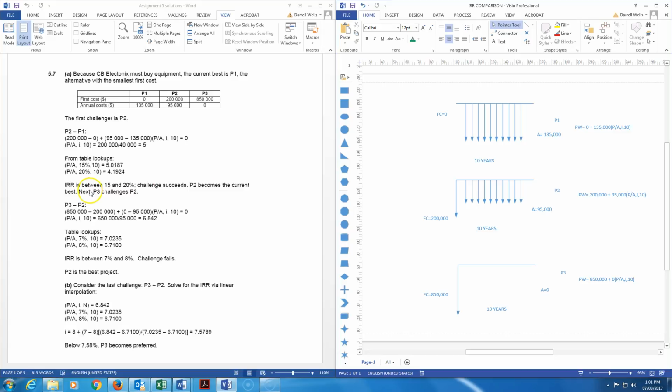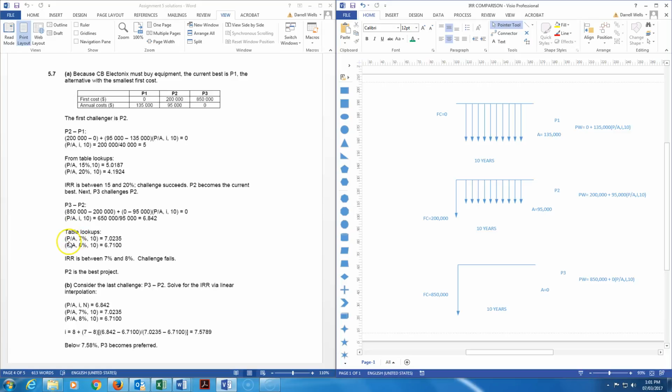P2 becomes the current best, and now we're going to challenge P3 against P2. We do the same procedure again. We take our present worth formula for P3 and subtract the present worth formula for P2. So we have 850,000 minus 200,000, plus 0 minus 95,000, times (P given A, i, 10). This time, P given A, i, 10 turns out to be 6.842. Again, we go to the tables to see what interest rate we're dealing with.